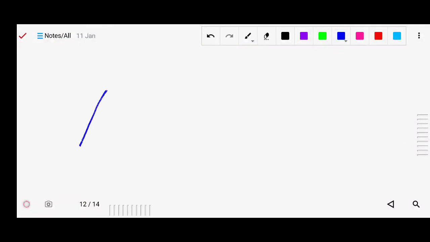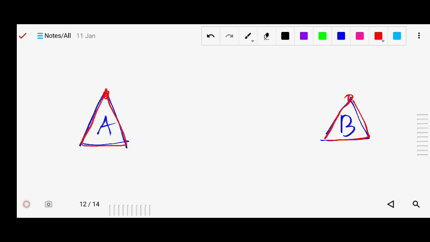Just take an example. One person here whose name is A, and one more there, B. Suppose A wants to call B through a mobile phone. So what will A do first of all?